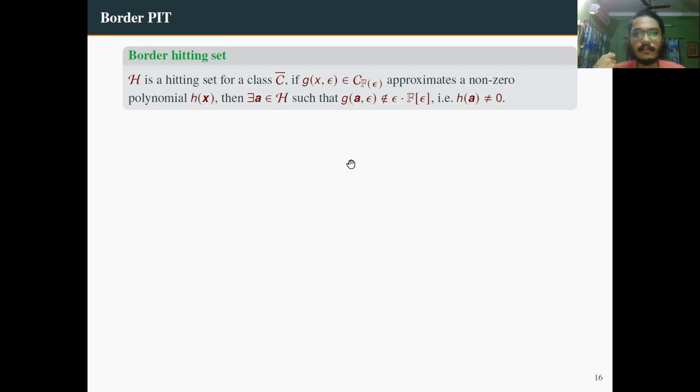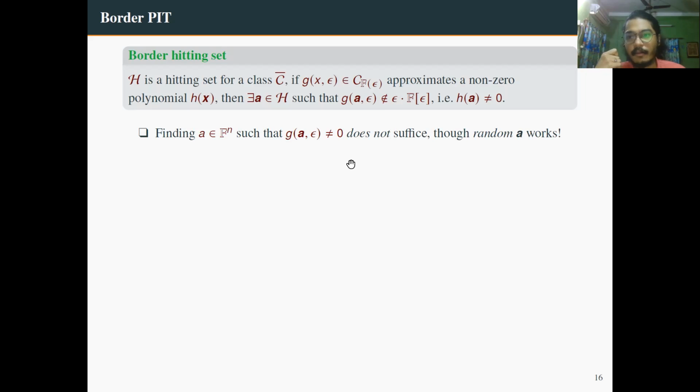So can we, given this sigma pi sigma bar circuit, find such a hitting set? Now remember, hitting sigma pi sigma does not suffice, because what may happen is that the limit polynomial may become 0 at the hitting set of sigma pi sigma circuits. However, a random a always works. And the reason why it may not hit is because the relative complexity might be really, really high.